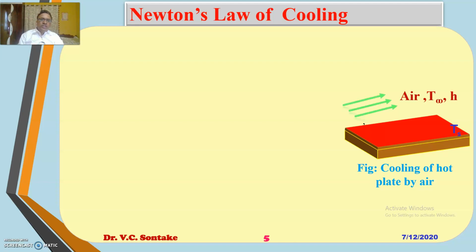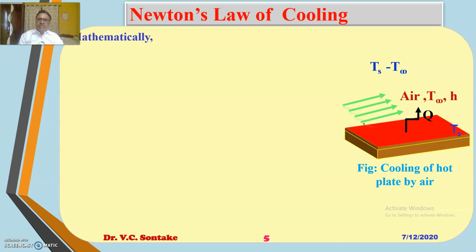The air is flowing over the surface. Since the surface temperature of the plate is more than the fluid temperature, that is, the plate is hot and air is cold, heat transfer will take place from the plate to the air. Let's say this rate of heat transfer by convection from the plate to the air is Q.